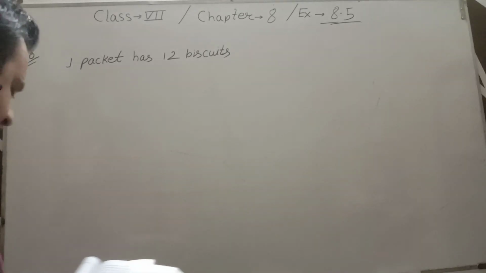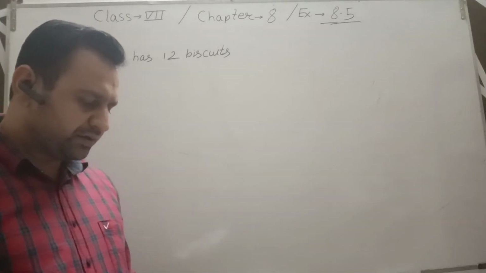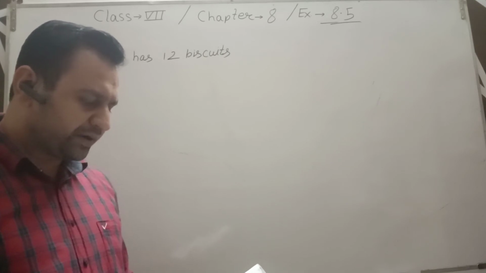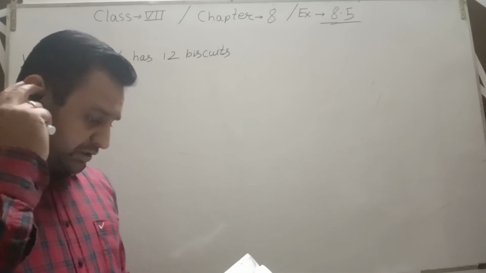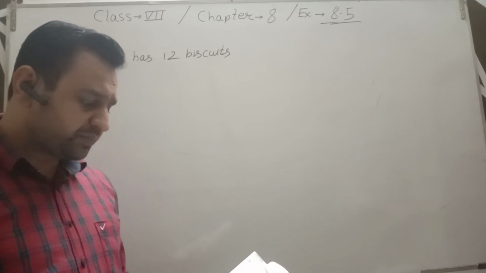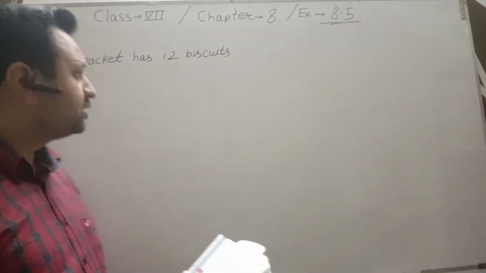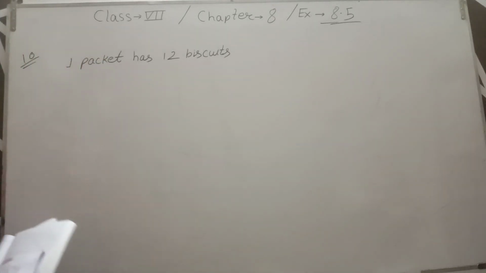Now students, we discuss question number 10. In question number 10, it is given that there are 288 packets of biscuits and each packet contains 12 biscuits, and these packets are packed in 9 cartons. So one packet has 12 biscuits.